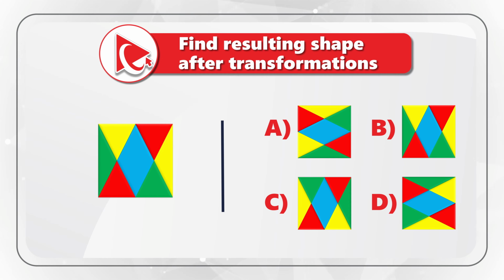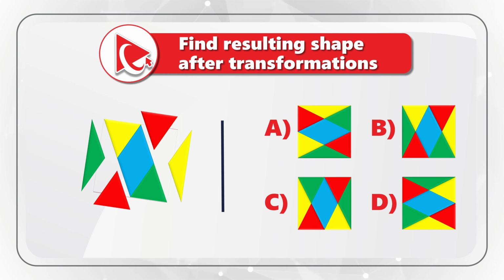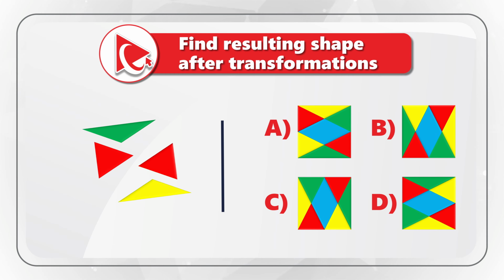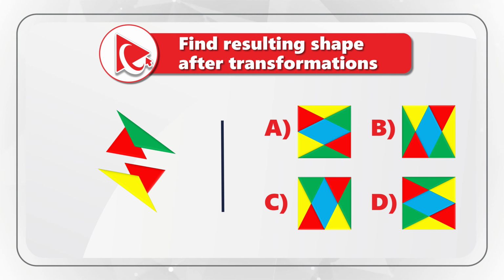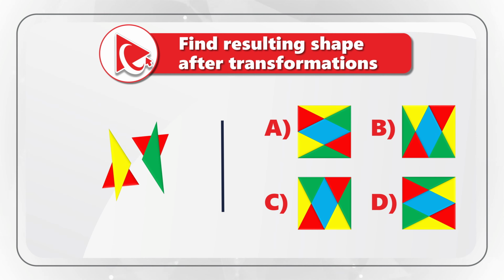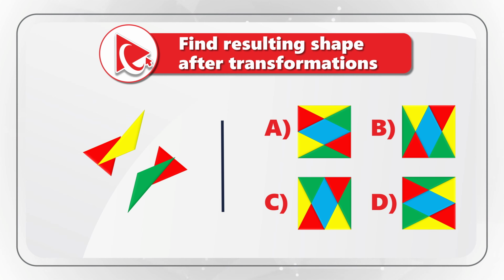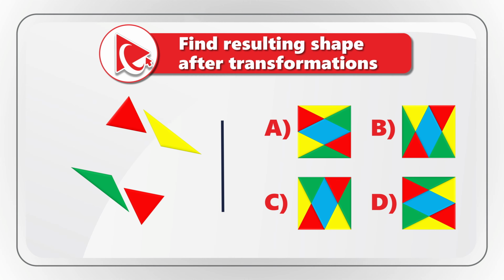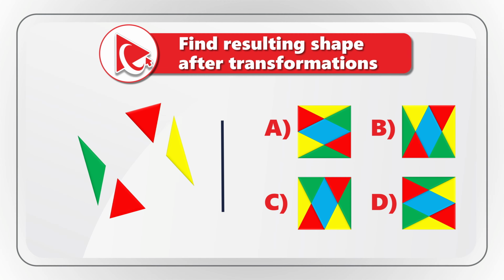To solve this challenge, you need to mentally turn the original shape 90 degrees 3 times. This is not easy to do because our brain is not really designed for this. But if we take one of the triangles and try to follow this triangle by turning the original square, this task might be much easier to accomplish.